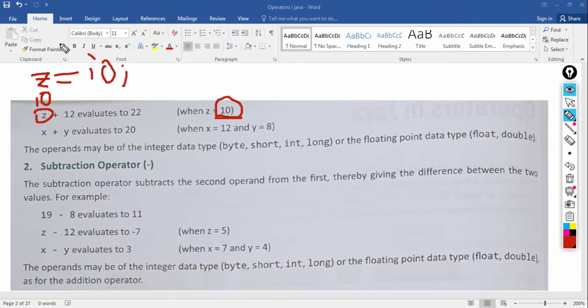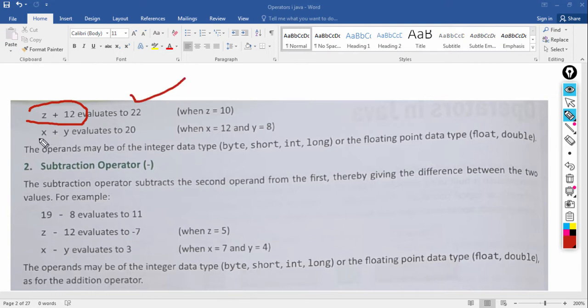So integer 10 is assigned into this variable z, and whenever you use z after this line, z will be replaced by the value, which is 10. That means the expression z plus 12 will become 10 plus 12, which will give you 22.